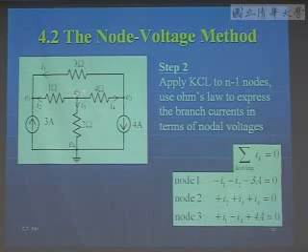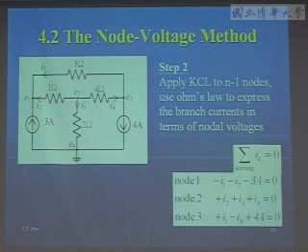Then for the second node, okay, you can draw a circle around this node and you cut 3 branches. So it involves I2, I3, I4. And as you can see, I2 is leaving node 2. Similar for I3 and I4. So we have I2 plus I3 plus I4 equal to 0.